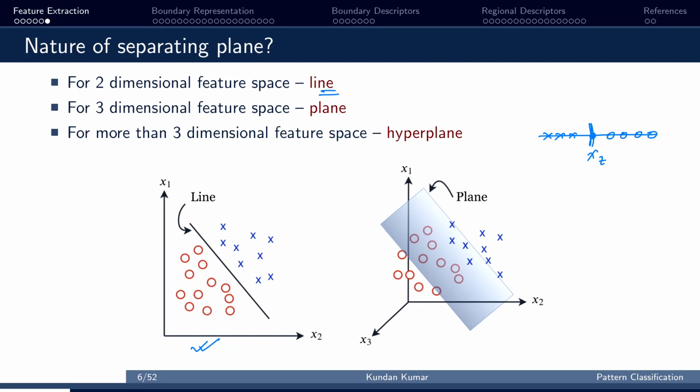If we deal with feature vectors in three-dimensional space, then our separating surface will be a plane. And if it is more than three-dimensional, then it will be a hyperplane. These terms we use on a regular basis.